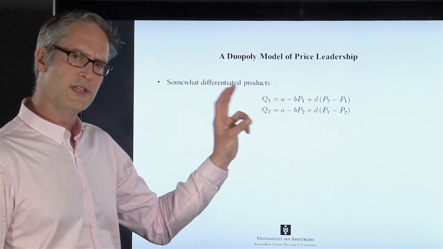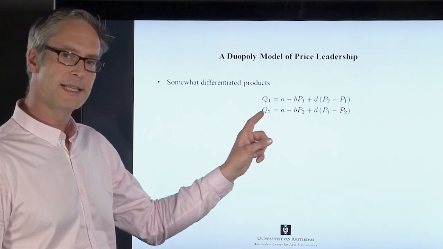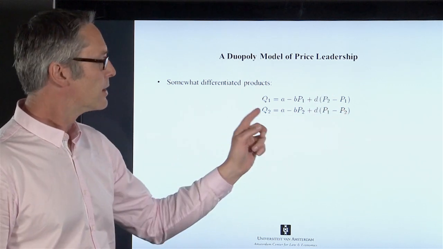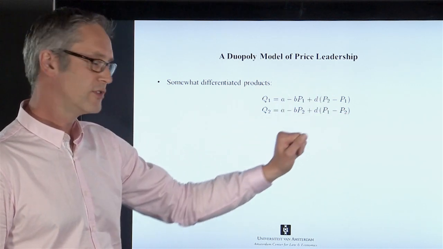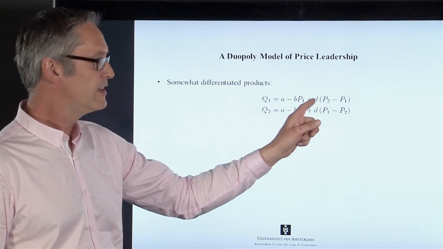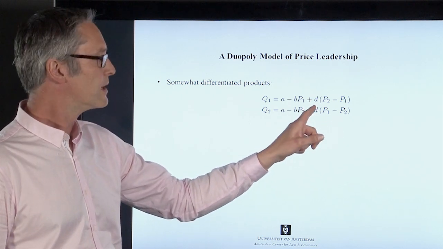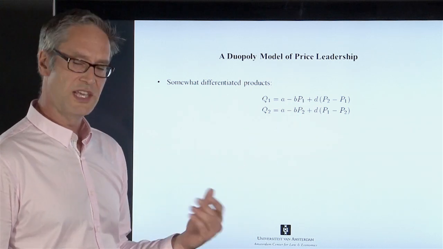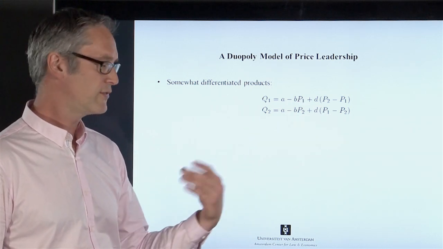What this demand system captures, it's important to recognize, is that if D is 0, you just have your ordinary demand curves for single individual firms. But if D is a positive value, there's going to be a shifting effect of a price difference. If D is not too large, there's not going to be a huge amount of shifting of demand.